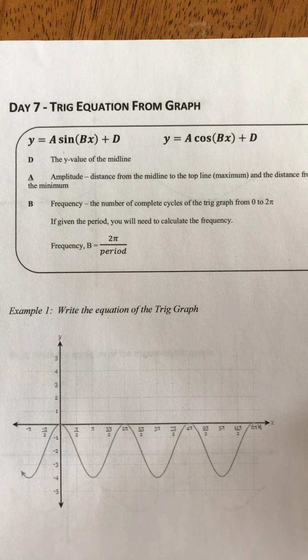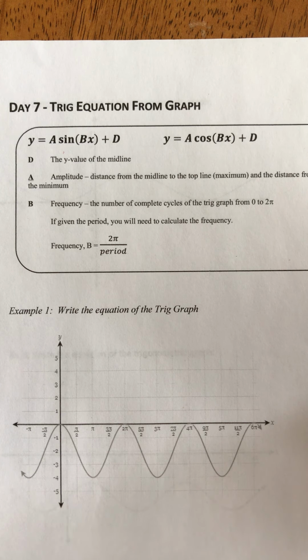You start somewhere on the midline, I'm going to start here, and you say, what's the distance from the midline to the top? Midline to the bottom should be the same. Count the squares. 1, 2. It's 2 squares to the top. 1, 2, it's 2 squares to the bottom. That 2 is my amplitude, or A value.